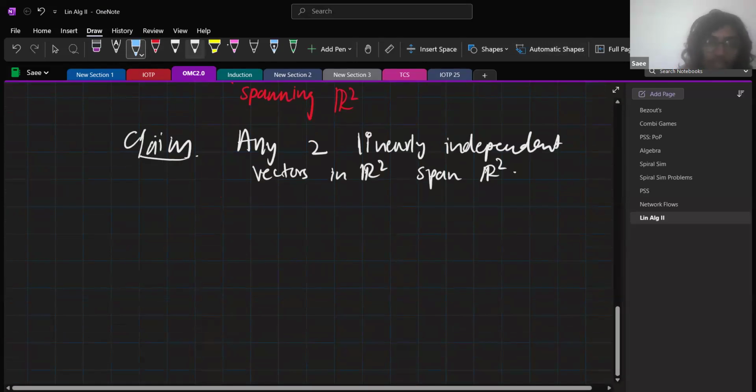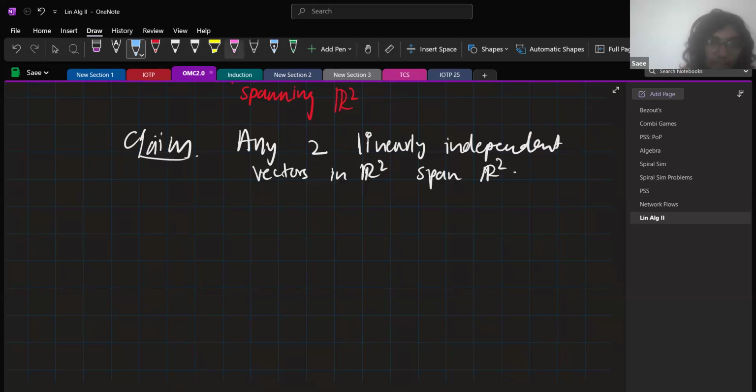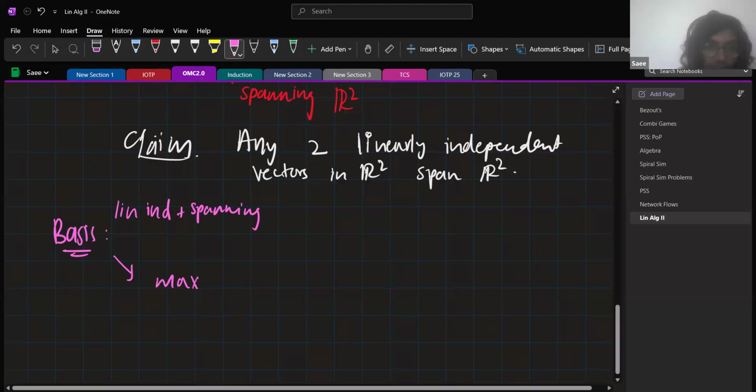So last time we did some nice things. Some recaps: by definition, a basis is something that's linearly independent and spanning. But we also showed that it is something that is maximally linearly independent. That's also equivalent to saying it's minimally spanning.